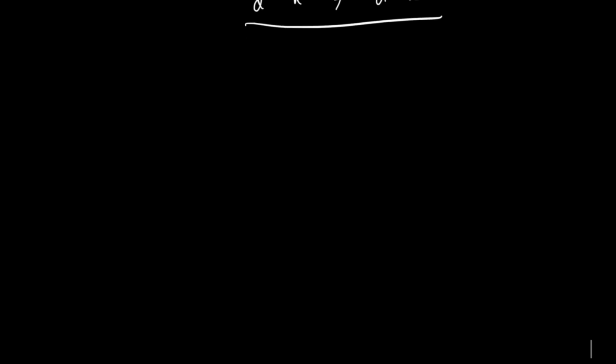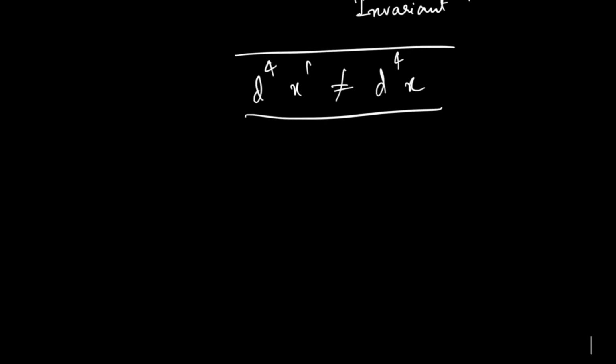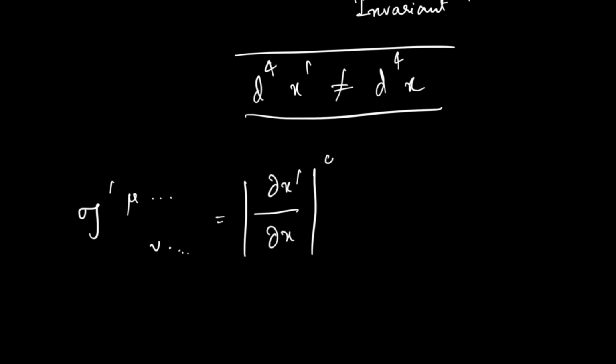Yeah, so hence you can also extend this to the tensor densities. So the tensor density script T^μν can be written as the partial derivative of x' with respect to x raised to a weight w.